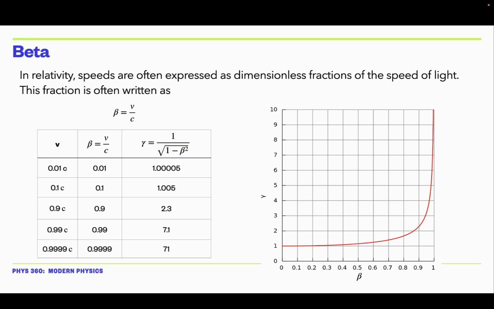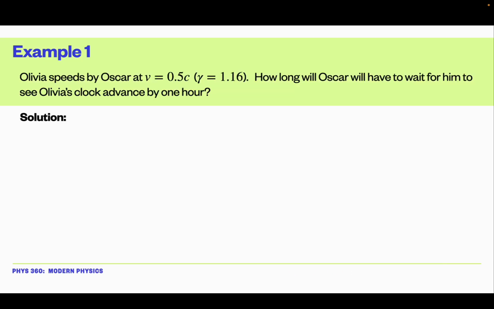Sometimes it makes the math a little simpler if you use beta instead of v's over c's. You can write the gamma factor in terms of beta as just 1 over the square root of 1 minus beta squared. Now we can have exactly the same plot, but plotting gamma as a function of beta. Again, gamma is the amount of time dilation, and beta is a measure of the speed relative to the speed of light.